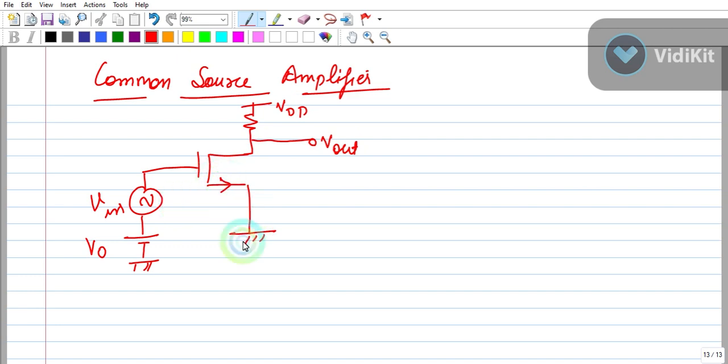So this is the common source amplifier configuration. In common source amplifier configuration, the source remains ground, give input to the gate, and take output from the drain.